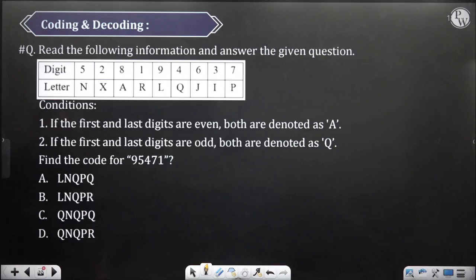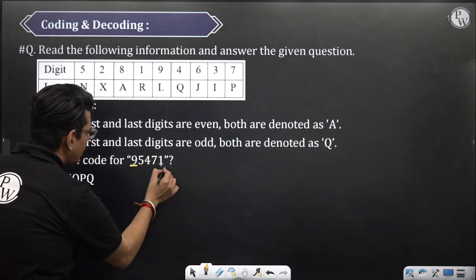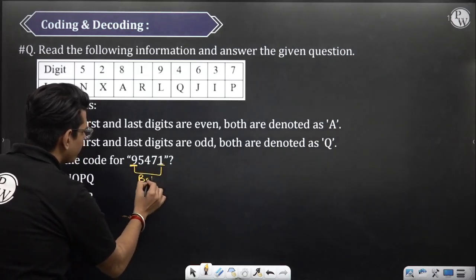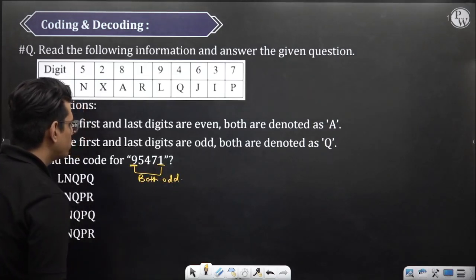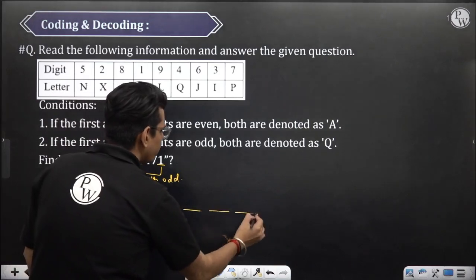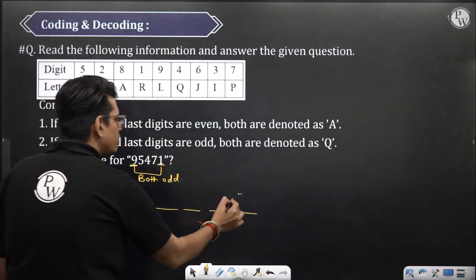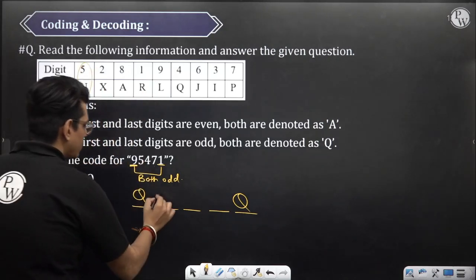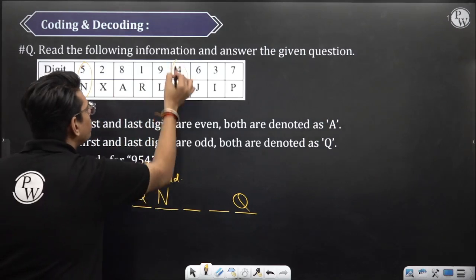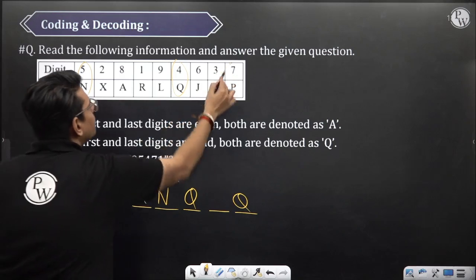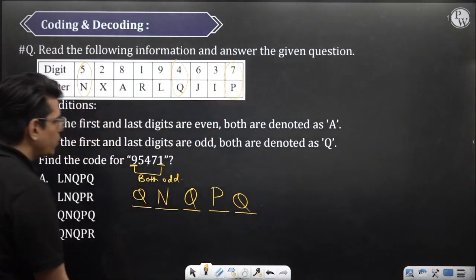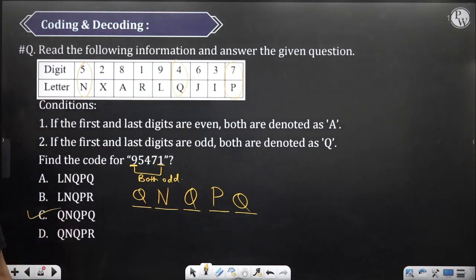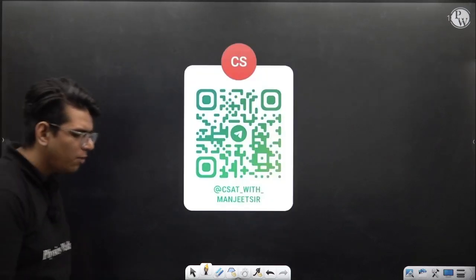If the first and last digits are even, both are denoted as A. If the first and last digits are odd, both are denoted as Q. Here 9 and 1 are odd, so both are denoted by Q. In between we have 5, 4, 7. 5 is N, 4 is Q, and 7 is P. So the code is QNQPQ.